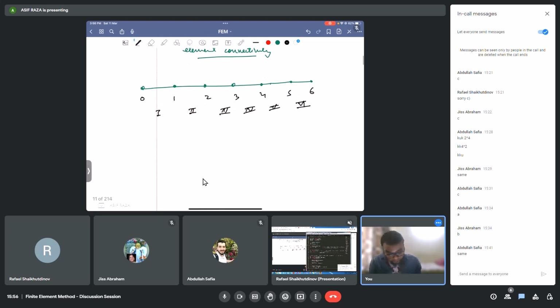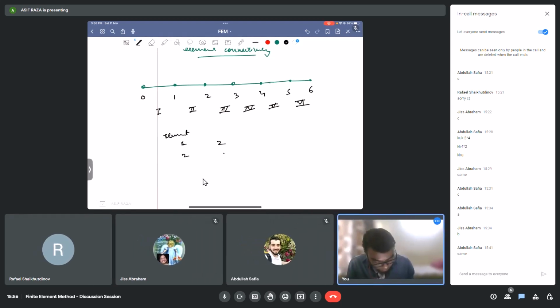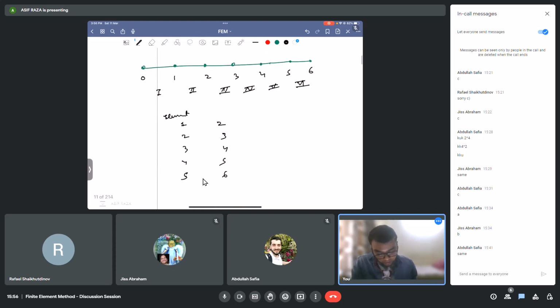Right. Element connectivity says 1 to 2, 2 to 3, 3 to 4, 4 to 5, 5 to 6. Right. So am I correct in here? 0 to 1 also, 2, 3, 4, 5, 6.